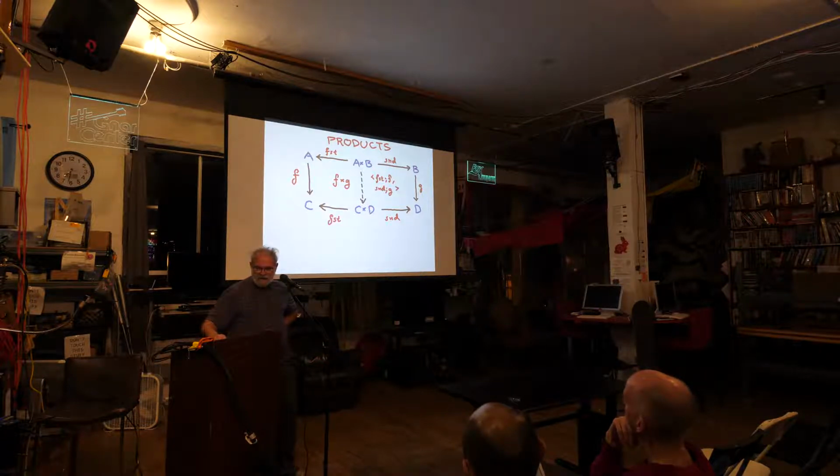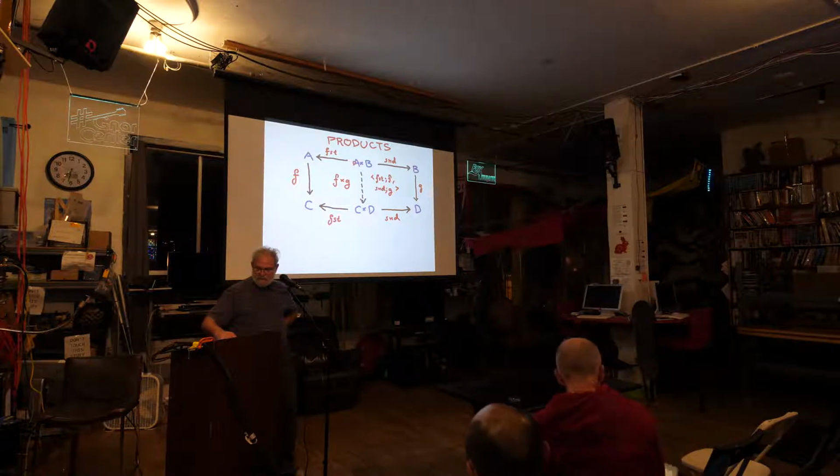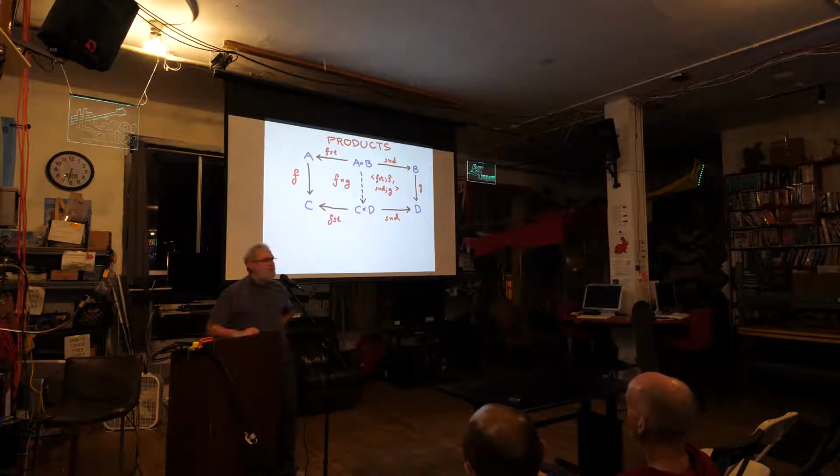And the way we get here, of course, is we'll take out the first component of A times B, apply F to it to get C, and we'll take out the second component and apply G to it to get the D. And that's exactly what this says we're doing.